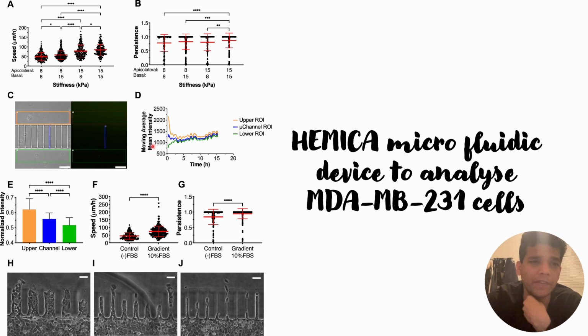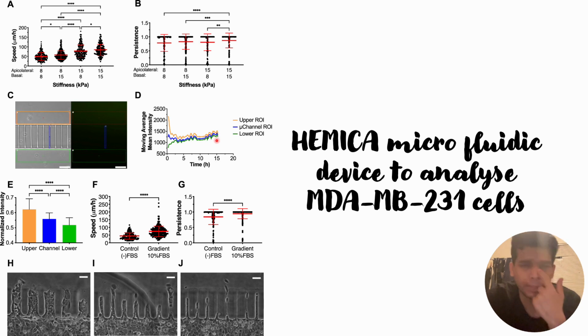Later on, when they quantify the movement of the cells under this chemotactic gradient, they find that the movement in all the regions is almost similar, with the highest movement observed at the upper region of interest and slightly lower movement at the lower region of interest.